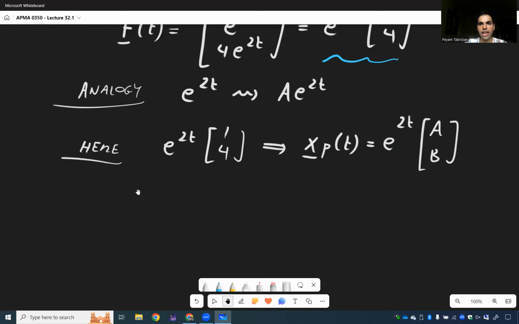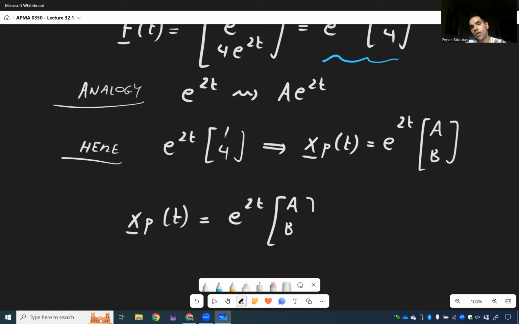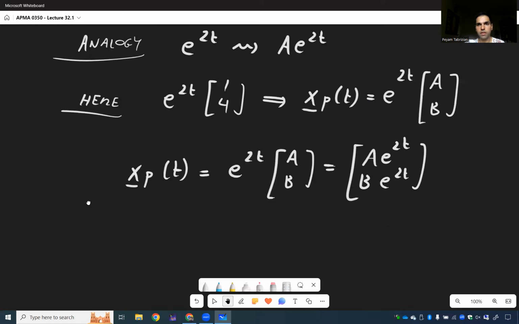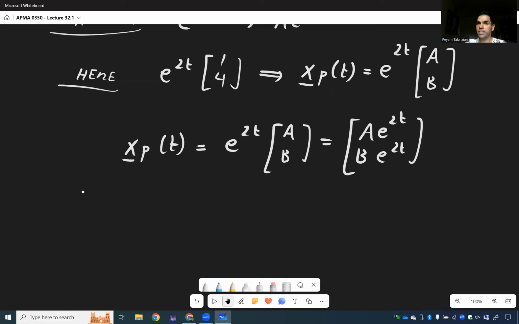So our guess is xp of t is e to the 2t times (a, b), or if you want, for what comes next, a e to the 2t and b e to the 2t. And the rest is as usual. You have your guess, and you plug this into the ODE. So once again, notice the similarities between this and scalar undetermined coefficients.